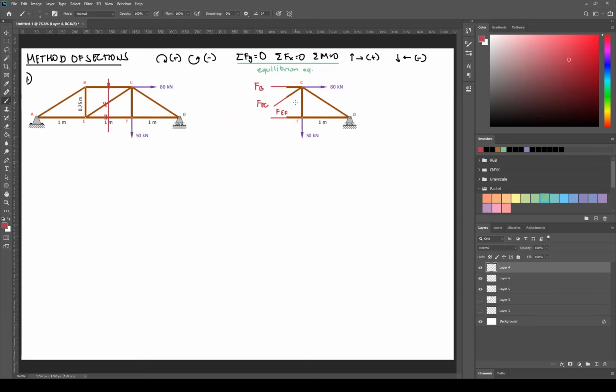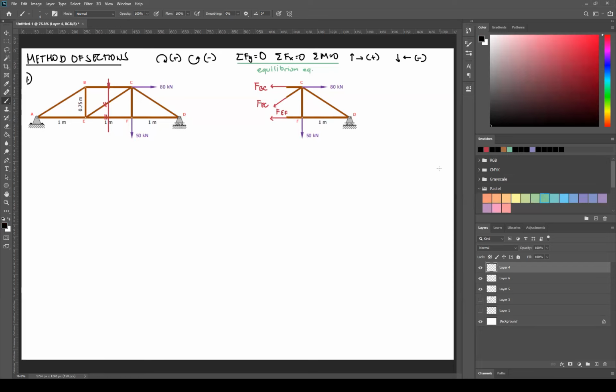You can randomly guess, or make intelligent guesses on the directions, like what we did in method of joints. My preference is to assume everything in tension, simply because that looks neater in my solution. Again, it's up to you.